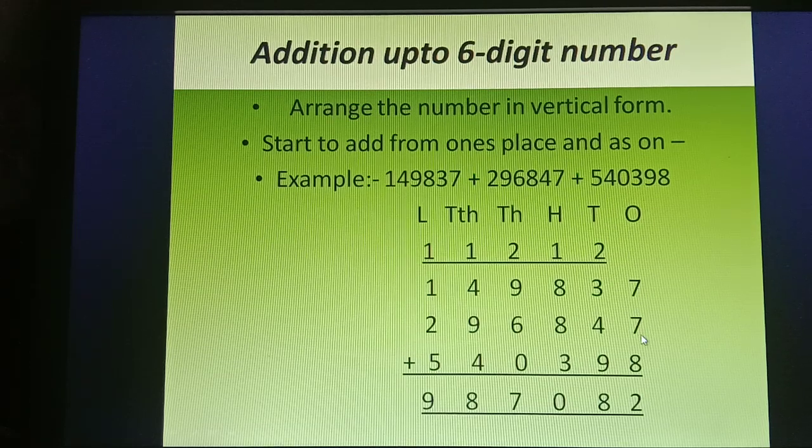There is 7 plus 7 plus 8, there will be 22 and 2 will be carried to the next place. Whatever carry number comes, you have to shift it to the next place.